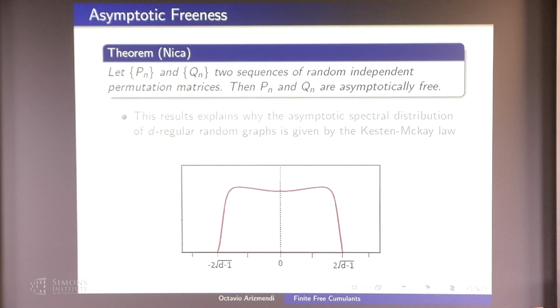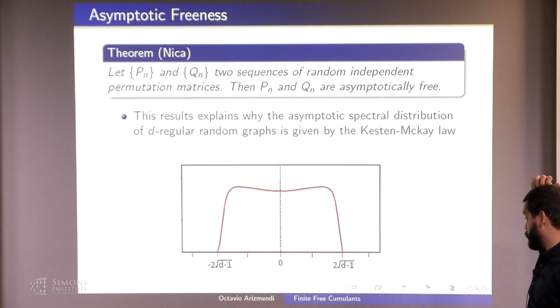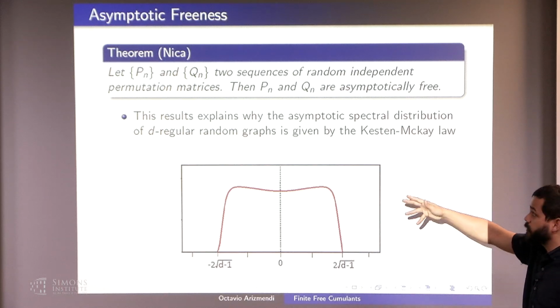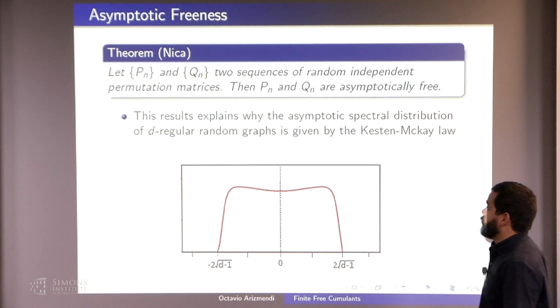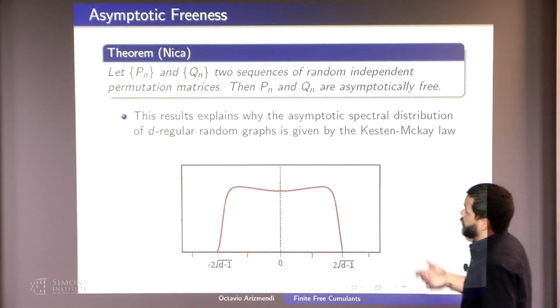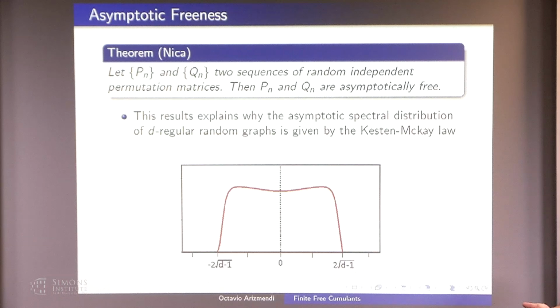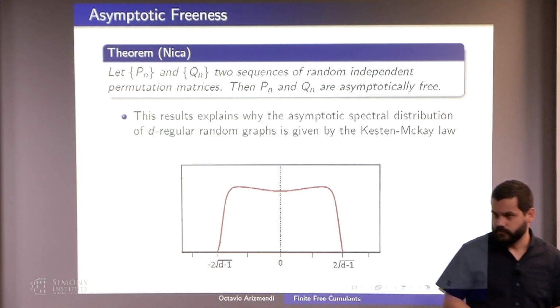And this explains why the Kesten-McKay laws appear in McKay's result, just because random regular graphs can be thought of as the sum of n random permutations. In fact, the free convolution of K2 with itself gives this so-called Kesten-McKay law.